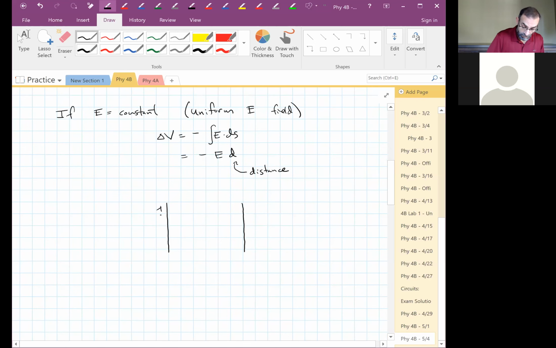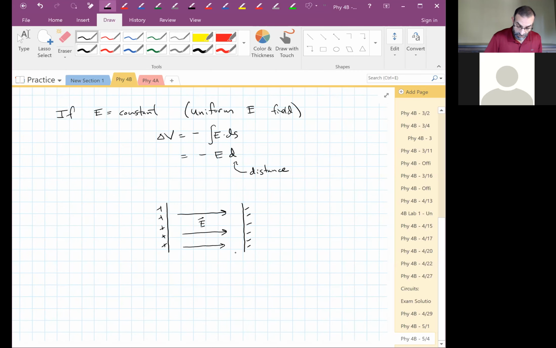We'll have our positive plate over here. These are infinite sheets. So we have a nice uniform electric field. And let's just pick one.